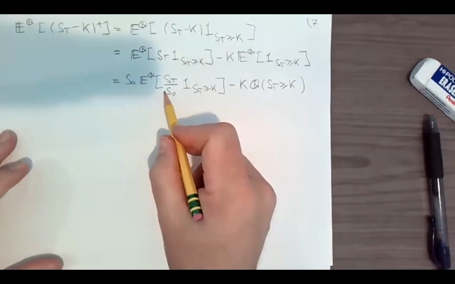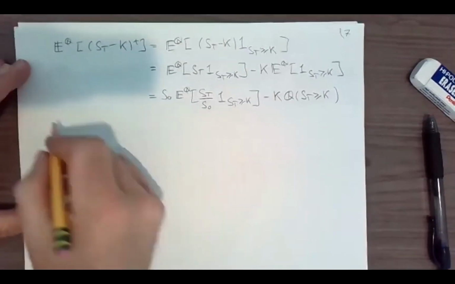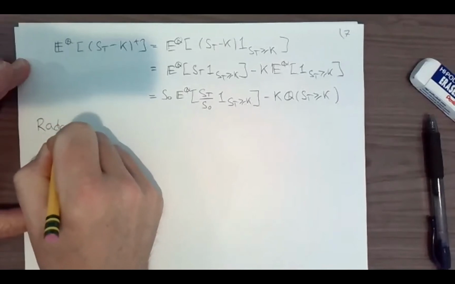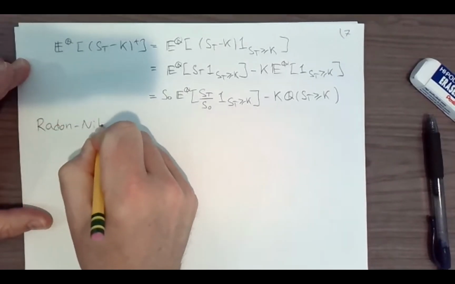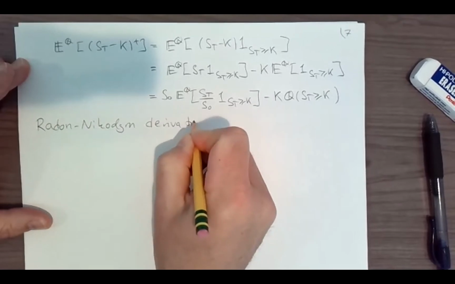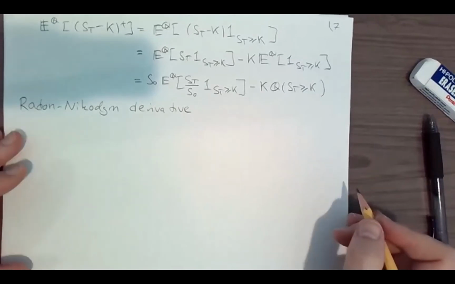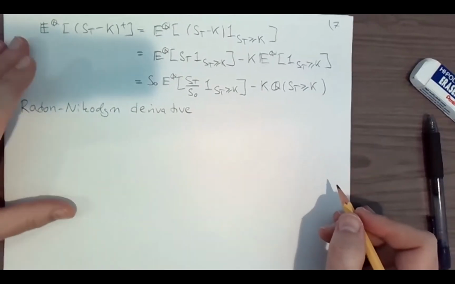So now why did I do this trick here? Well, we need to recall that there's something called a Radon-Nikodym derivative. For those of you that have taken my previous courses, you will have heard me talk a lot about Radon-Nikodym derivatives.